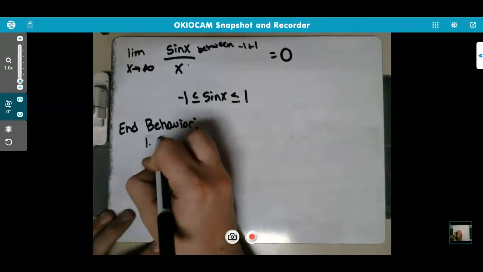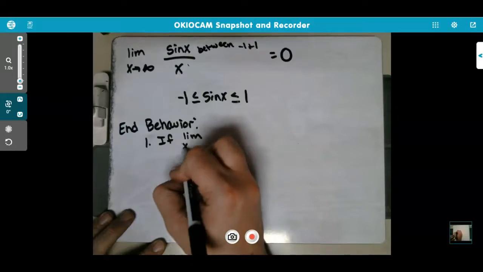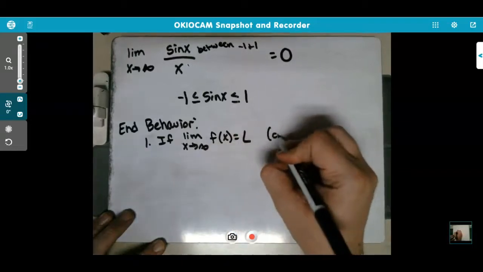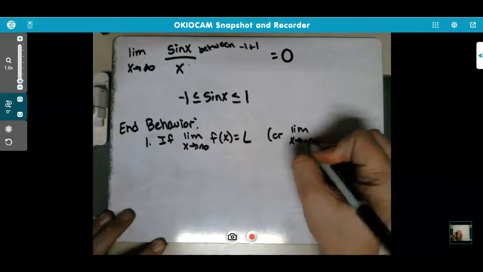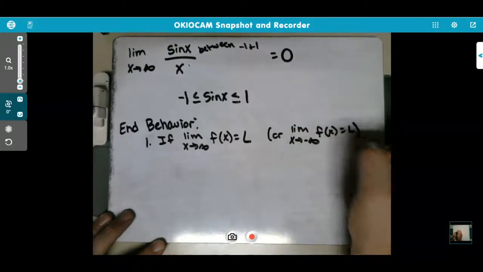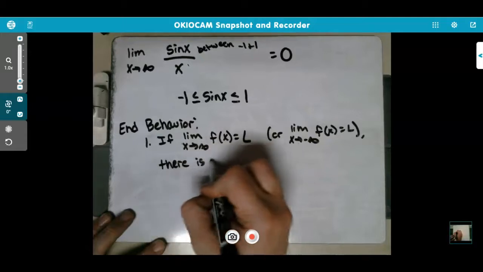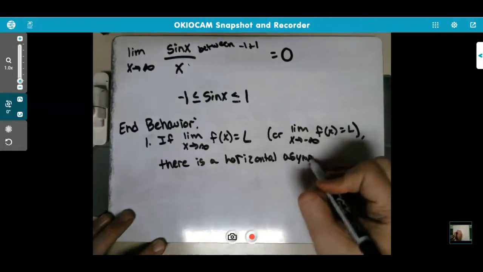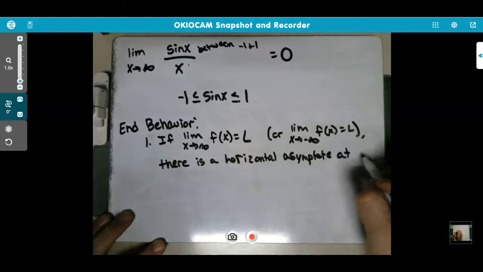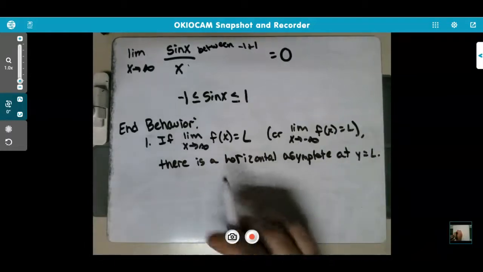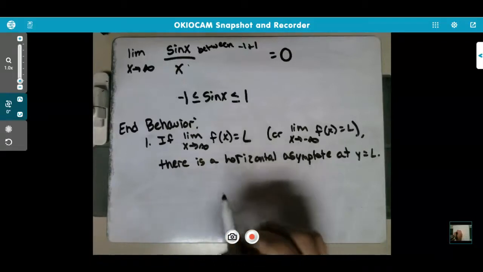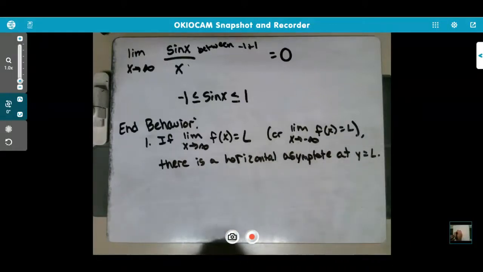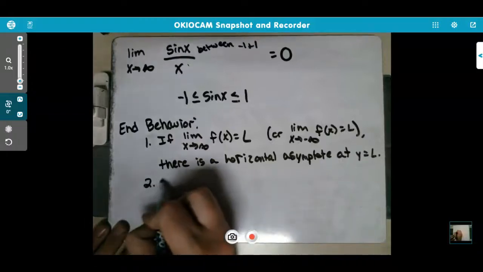So first things first, if the limit as x goes to infinity of f of x is equal to L, or if the limit as x goes to negative infinity of f of x is equal to L, then there is a horizontal asymptote at the horizontal line y equals L. So if I can get a number for L, then I know the horizontal asymptote is at y equals L.